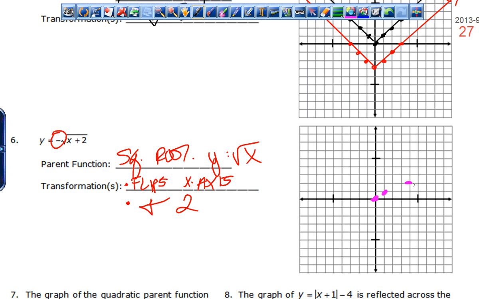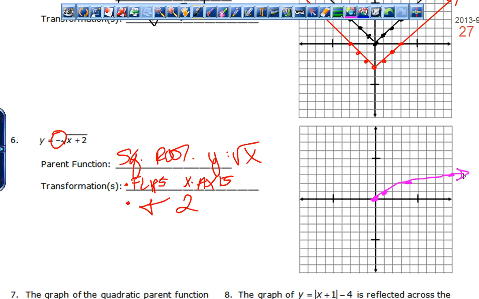What's the next point I'm going to graph? 5? 6? 9? Okay, what's my y value if x is 9? Nice. 3. It's that little hook thing.